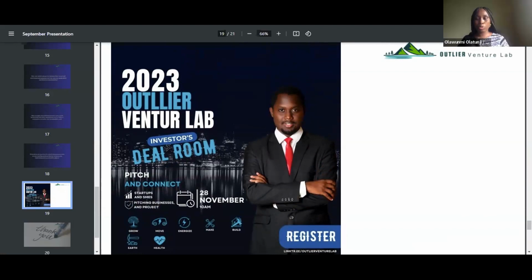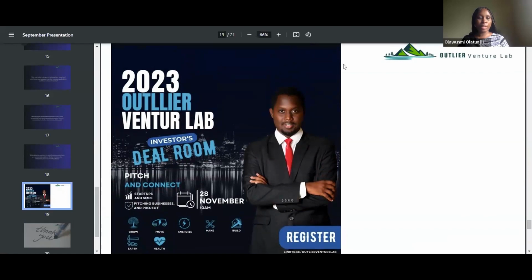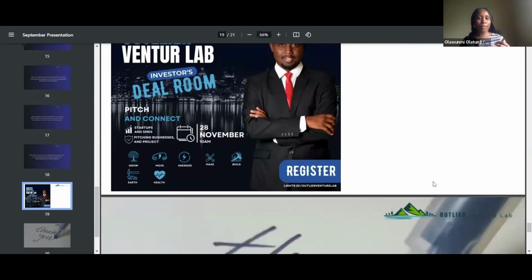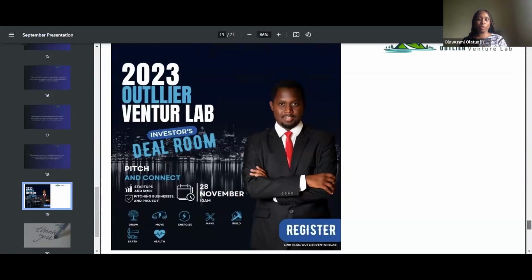All they need to do is be part of the deal room if they have businesses that fall under agriculture, mobility, clean energy, manufacturing, construction. Also, we have health, which is also a social enterprise. So if you have any social enterprise that falls in these categories, just click on the link that's provided in the box, and you can pitch your startups or your projects this time. Thank you.